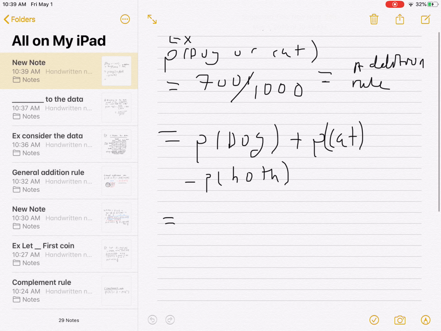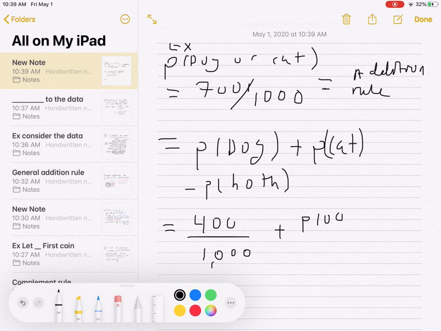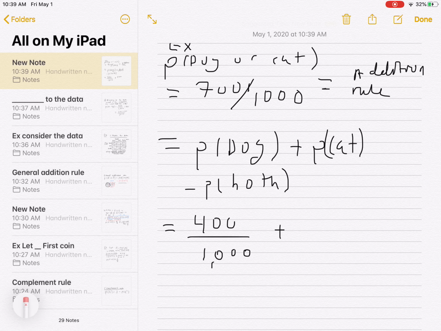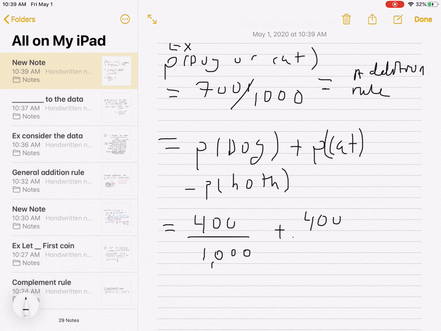So going back here, I could do 400 over 1,000 plus 400 over 1,000 minus 100 over 1,000. And again, we'll get 70%.